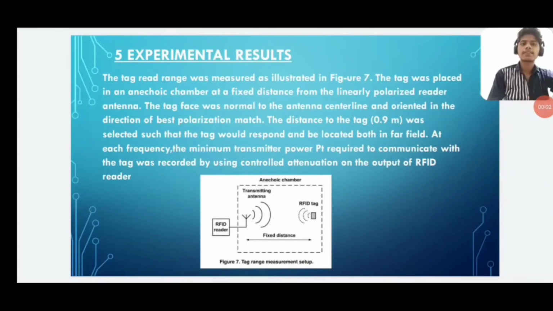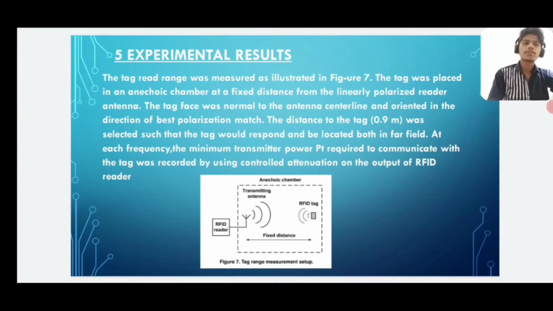Experimental results. The tag read range was measured as illustrated in the figure. The tag was placed in an anechoic chamber at a fixed distance from the linearly polarized reader antenna. The tag face was normal to the antenna center line and oriented in the direction of best polarization match.